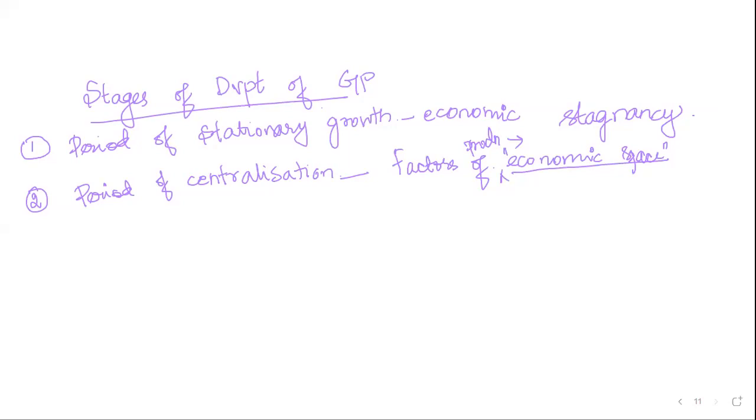New ventures are getting developed. New activities are getting initiated. An economic space is beginning to be developed. This economic space will later on develop into a full-fledged growth pole. So this is our second stage, development of the economic space because of the character of centralization.